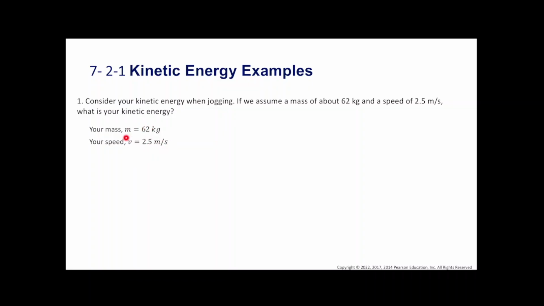To find the kinetic energy, we use the equation K is half mass times velocity squared. Therefore kinetic energy is half times 62 kg times 2.5 meters per second squared. Therefore it is 190, and since this is an energy, the unit is joule.